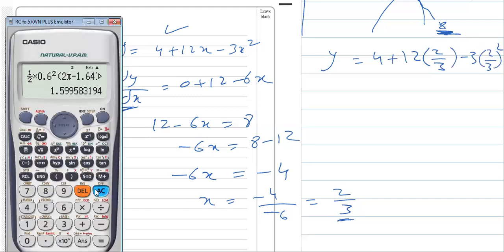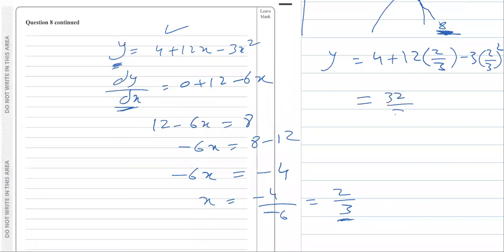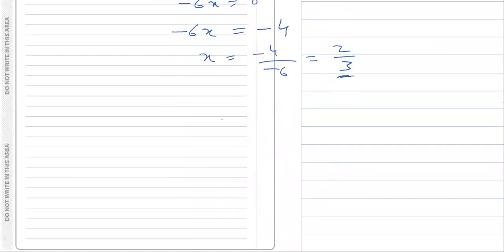Okay, let's calculate this one. 4 plus 12 into 2 over 3 minus 3 into 2 over 3 squared. So that is 32 over 3. Therefore the point through which the line passes is 2 over 3, 32 over 3. That was the main thing.